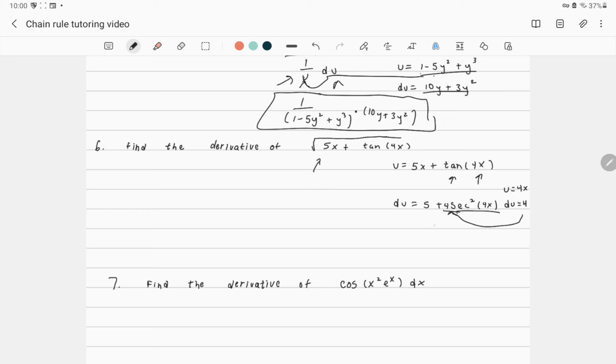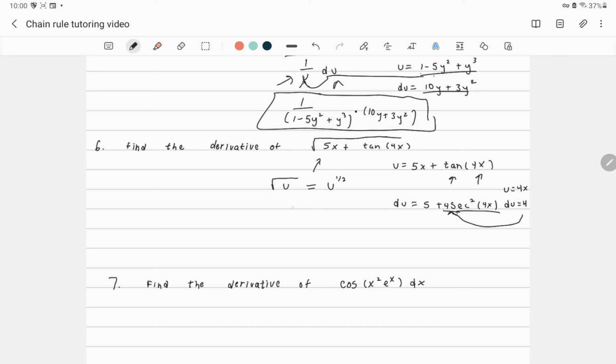There we have it. So now square root of u, and all we have to remember is that a square root is really equal to u to the half.